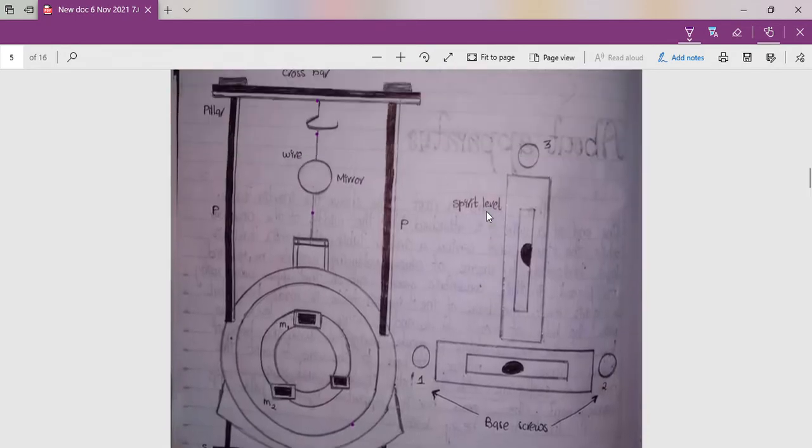It is called the inertia table. Don't mind it, the image is not as good as I expected, but overall I can try to make you understand this image.